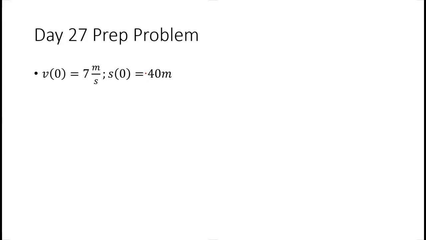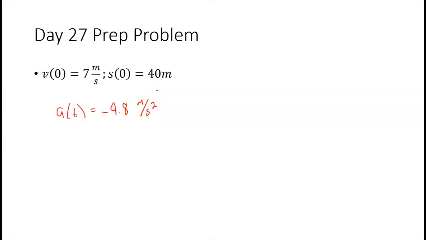All right, so how do we use that to look at this particular prep problem from day 27? That was our snow day. Well, we're given some information. We're assuming then that acceleration is equal only to gravity, and we're looking at meters. So I'm going to use that negative 9.8.